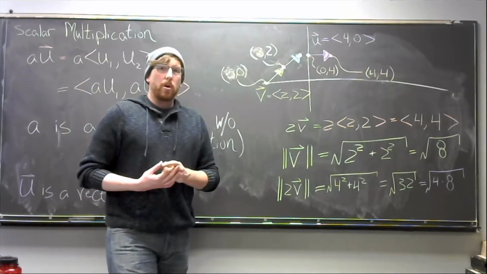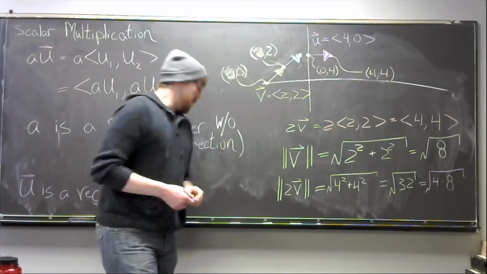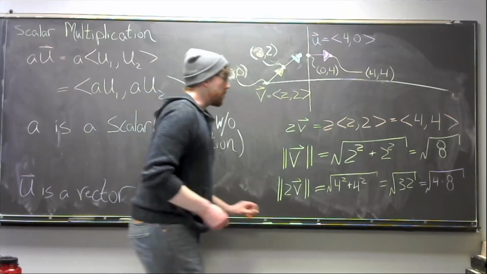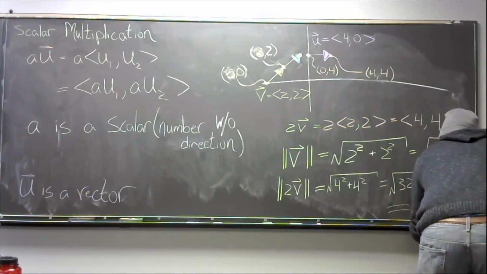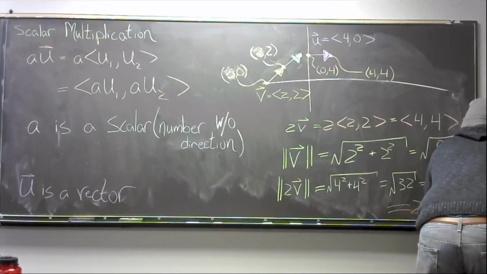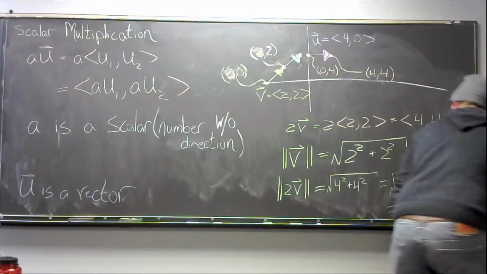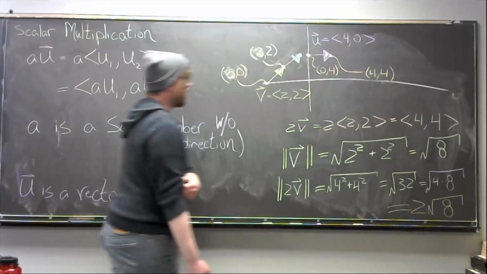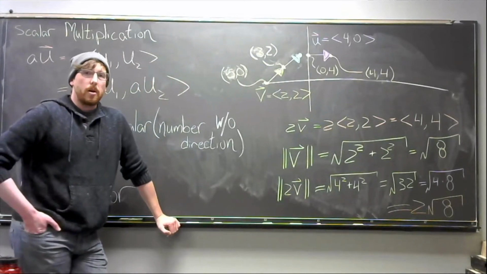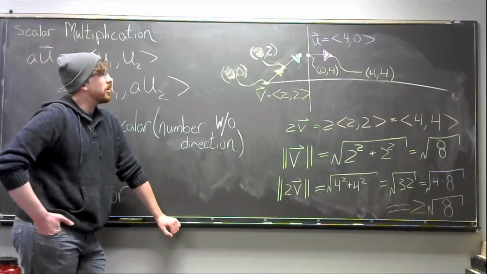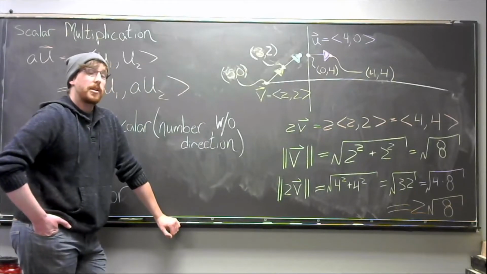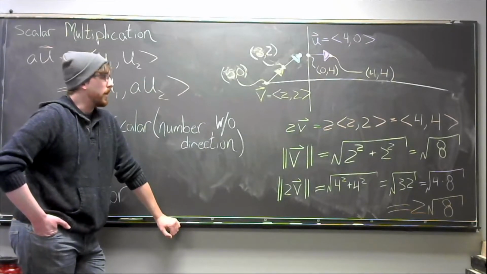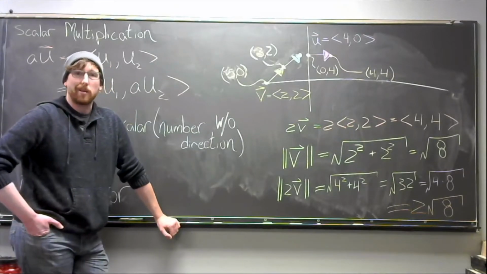The square root of 4 is 2. So this is really equal to 2 times the square root of 8. So I'll be damned, this new vector is in the exact same direction as our original vector, and it is in fact twice as long.